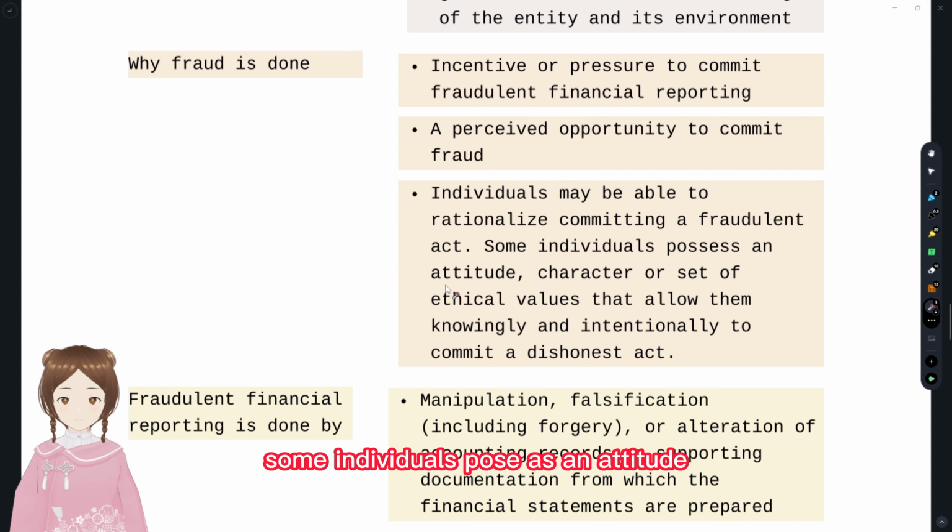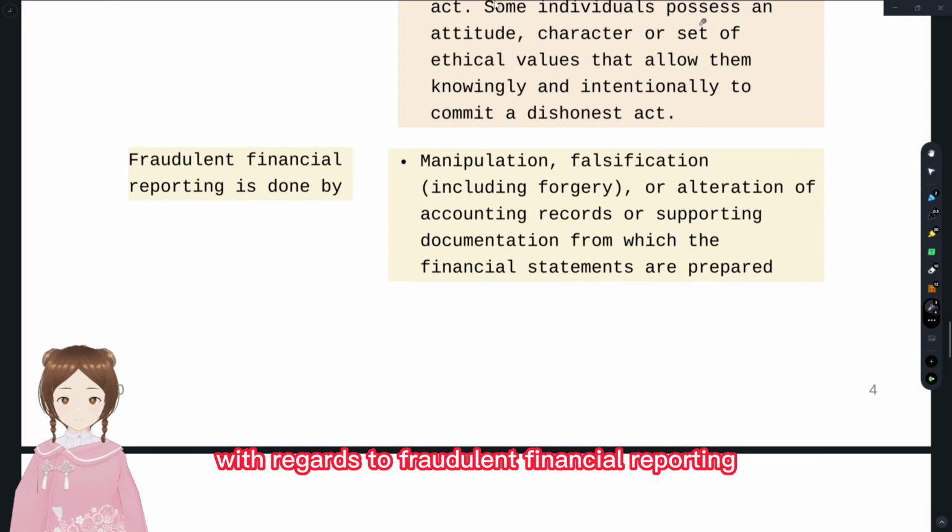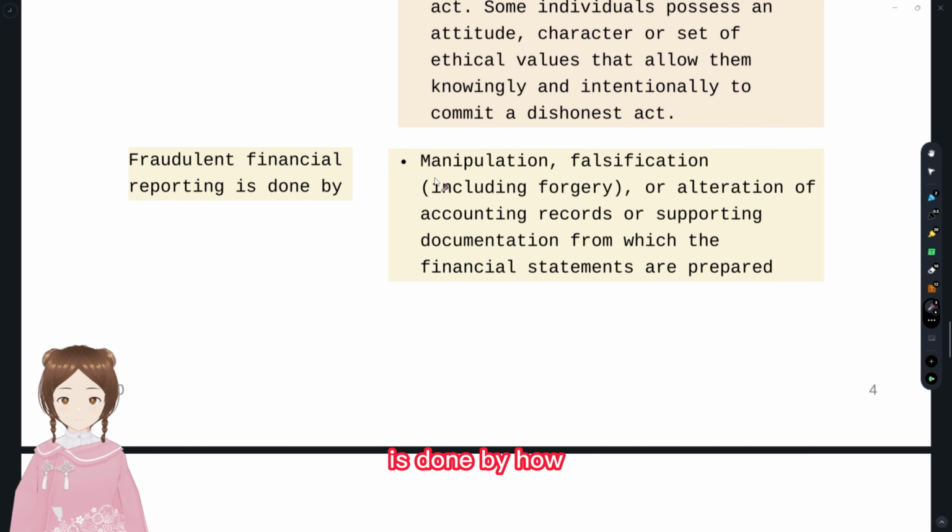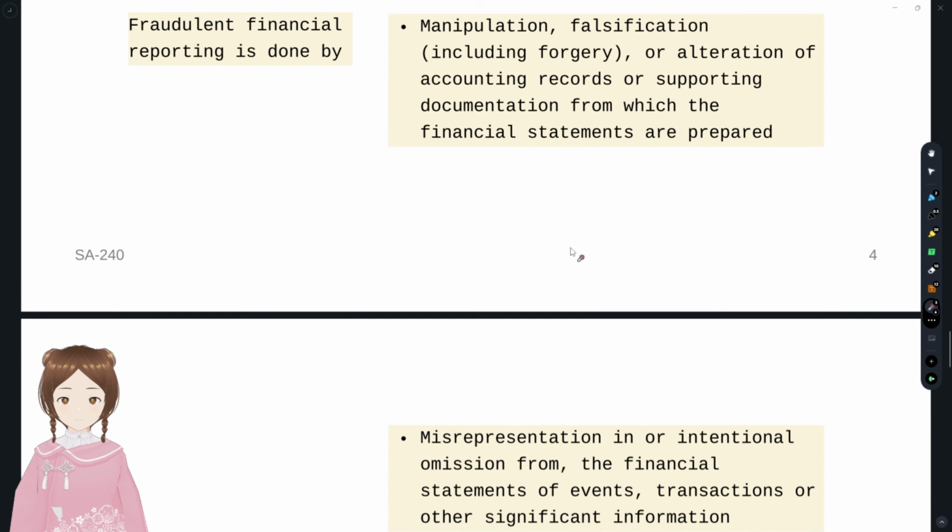Some individuals possess an attitude, character, or a set of ethical values which are unethical, that allow them to knowingly and intentionally commit a dishonest act. Fraudulent financial reporting is done by manipulation, falsification, forgery, or alteration of accounting records or supporting documentation from which the financial statements are prepared.